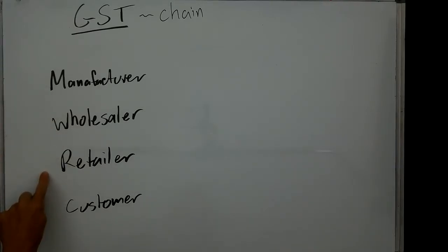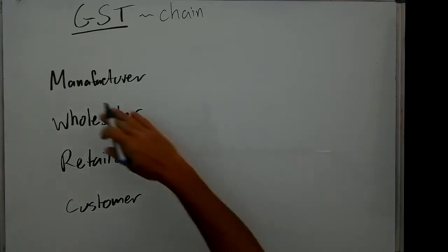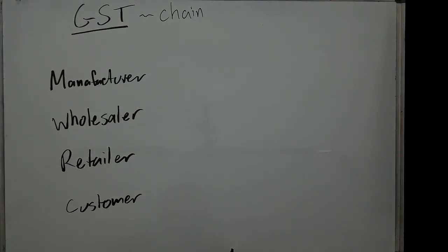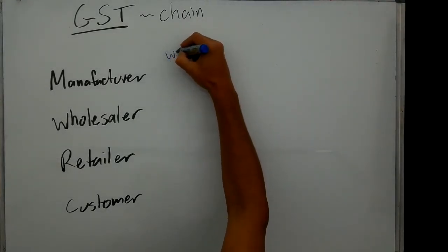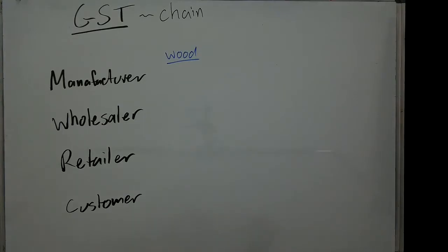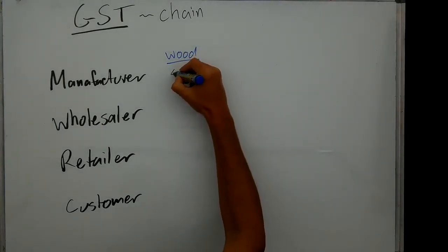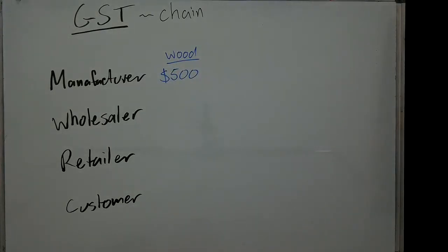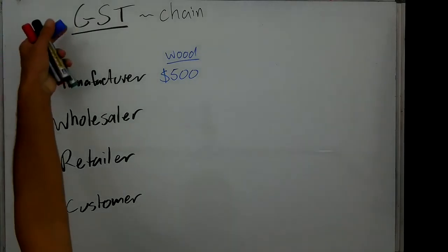And I'll explain how the government gets it and how people along the way essentially don't have to pay GST. So the example I've come up with is, say we have a manufacturer who makes tables, and he buys a whole load of wood which costs $500. But in buying that, he would have to also pay the GST.